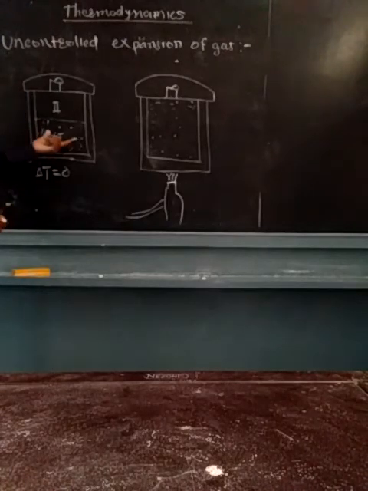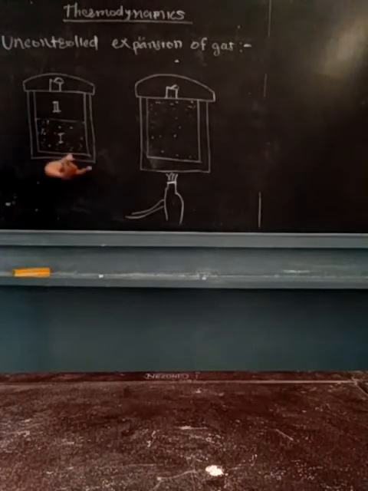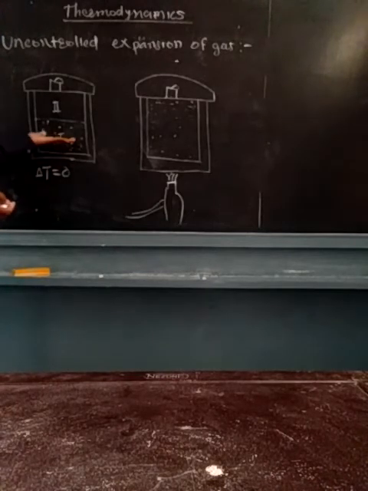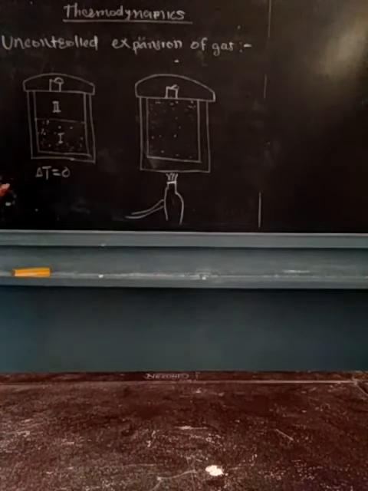Then you can see the gases will increase their heat, so the delta U will be increased. These gases will try to push, and this force will be applied over this breakable thin partition.